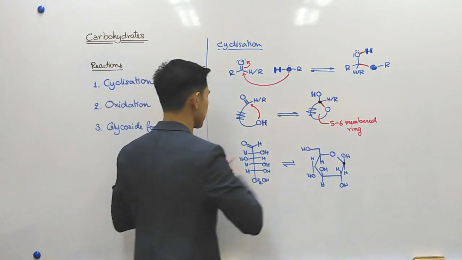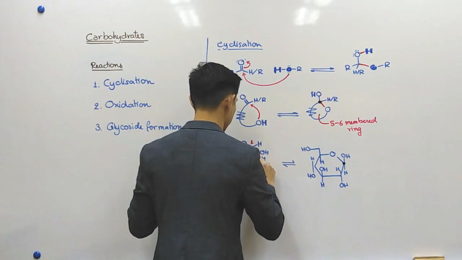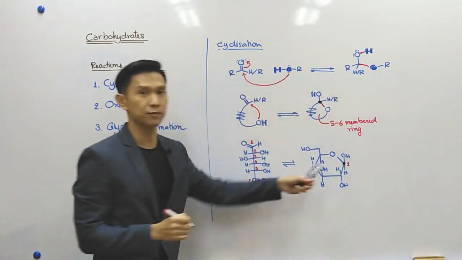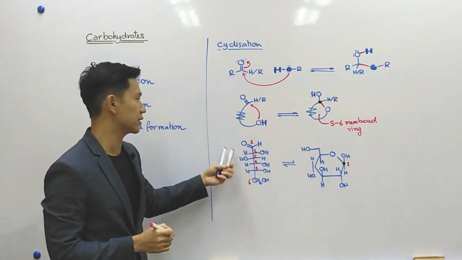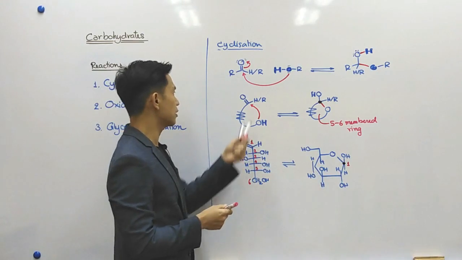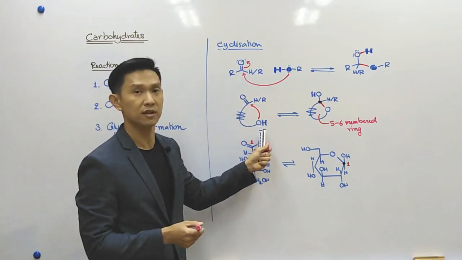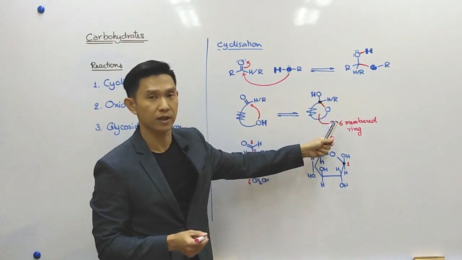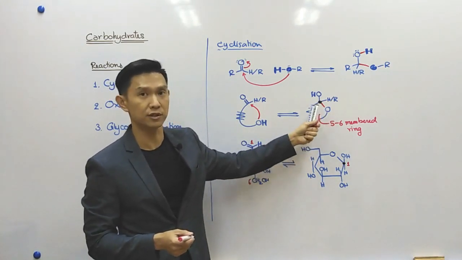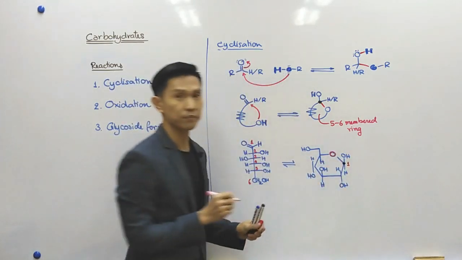So if this carbon is labeled number 1, 2, 3, 4, 5, and 6, this carbon is the carbon number 1, which previously appeared as the carbonyl group. And as you can see, the carbonyl group was already condensed with its oxygen. So this oxygen in the ring is the oxygen that is used to condense with the carbonyl. So it is this one.